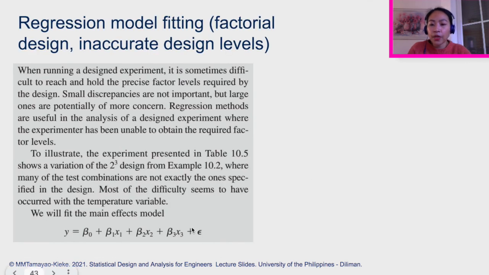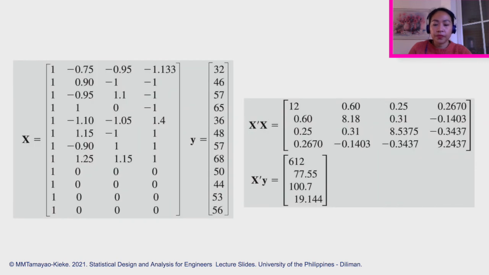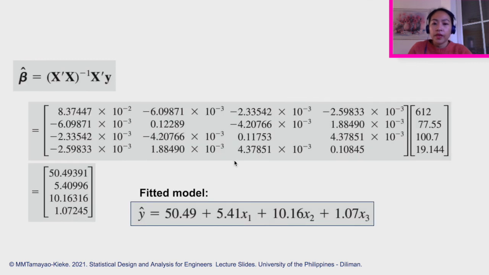Now what we want to do again is basically to fit the main effects model. Given these values, we just go through the same process. We have the X matrix, the Y matrix, and we get the X prime X matrix and the X prime Y matrix to be able to estimate the model parameters.